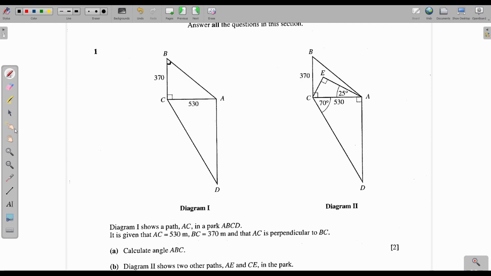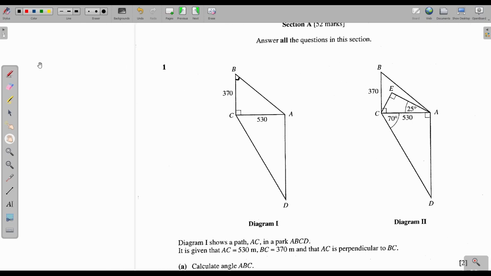One thing you should be aware of, if you aren't, is these three shortenings: SOH CAH TOA, which stand for sine, cosine, and tan, and it tells us what equation gives us the tan or the sine or the cosine of this angle.